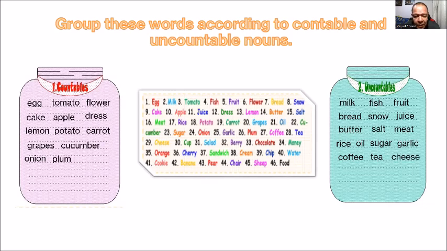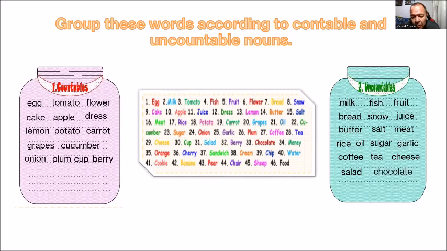Number 30, cup. Countable. Number 31, salad. Uncountable. Number 32, berry. Countable. Number 33, chocolate. Uncountable.